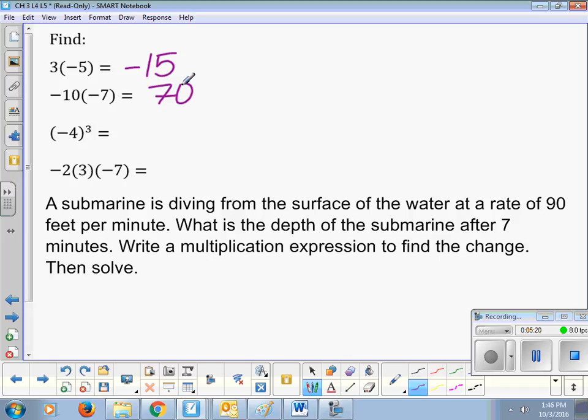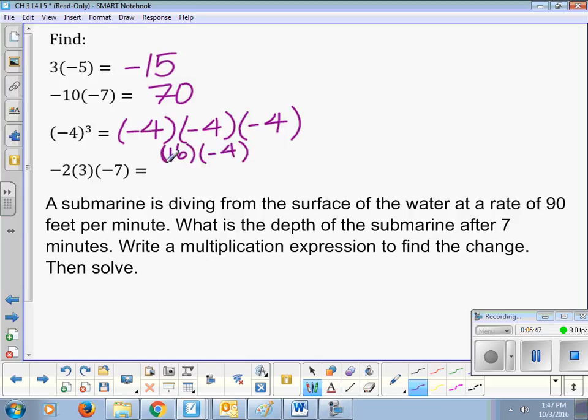For our third example, we are multiplying negative 4 cubed, which means we're multiplying negative 4 by itself 3 times. Negative 4 times negative 4 times negative 4. If we have negative 4 times negative 4, what would that be? A positive 16, and then we have to multiply by negative 4.